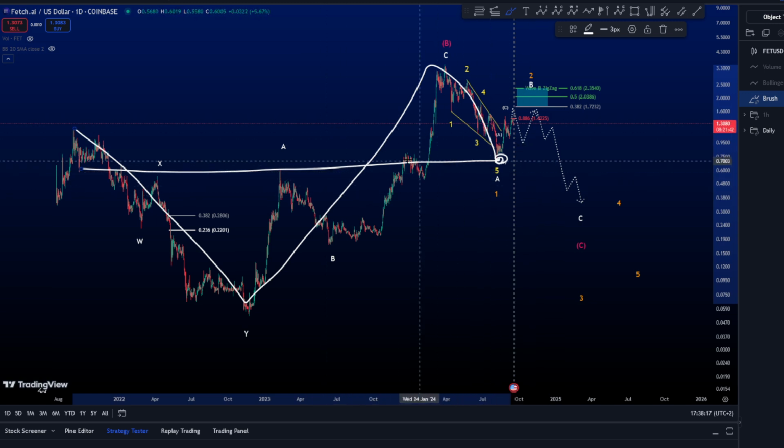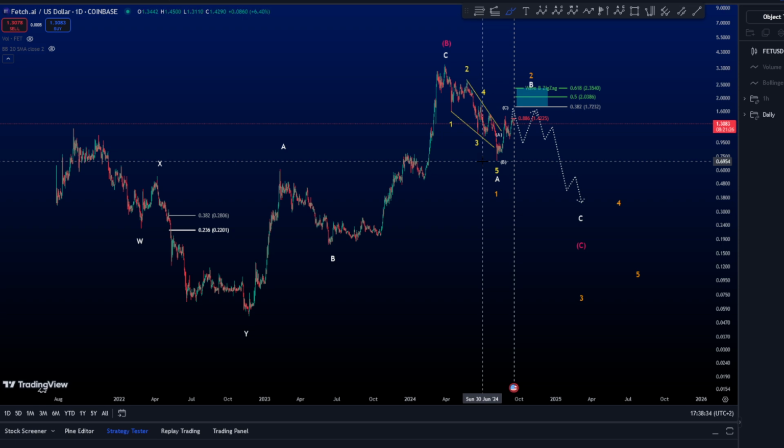For more explanation, check the educational video where I explained exactly the running flat, how it happens, how it turns an expanded flat to a running flat. However, this is a very, very rare scenario that could happen in the market, based on Elliott Wave analysis as well.